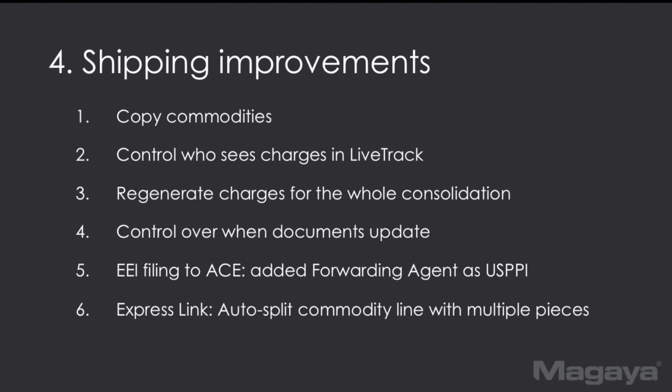If you have large consolidations, it should make handling them much easier. You can control when the shipment documents update themselves, which makes performance much better for large consolidations. And you can now file EI as a forwarding agent as opposed to just a shipper. And for those that use ExpressLink, there's a little new feature as well, which will take 10 seconds to show, which I'll do at the end.